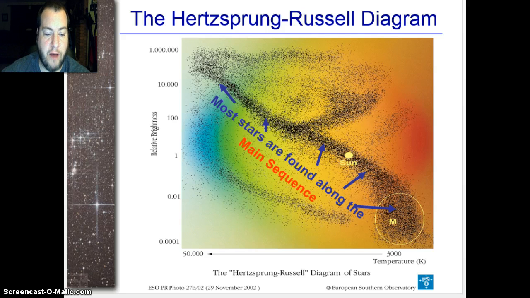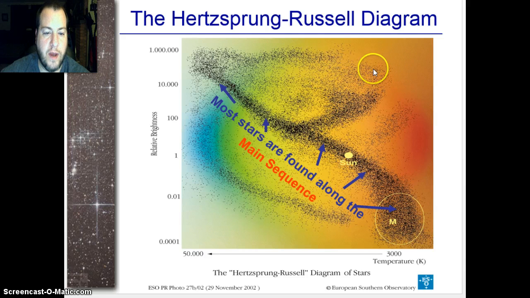Most stars are found along this area right here. That's right, the main sequence. Our Sun is one of those main sequence stars. Then we have others right here. Up here we have the blue giants and blue supergiants.